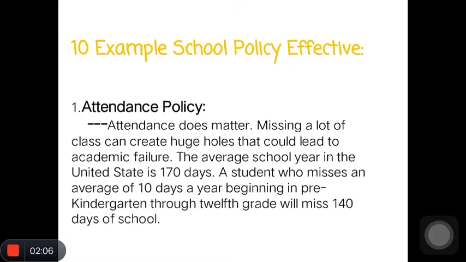A student who misses an average of 10 days a year, beginning in pre-kindergarten through 12th grade, will miss 140 days of school. That adds up to almost an entire school year.